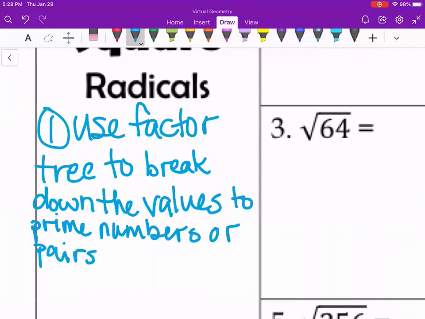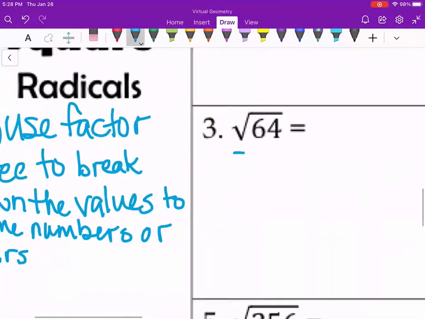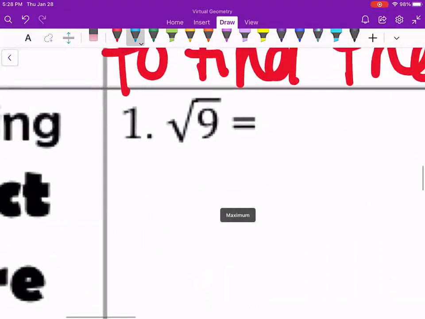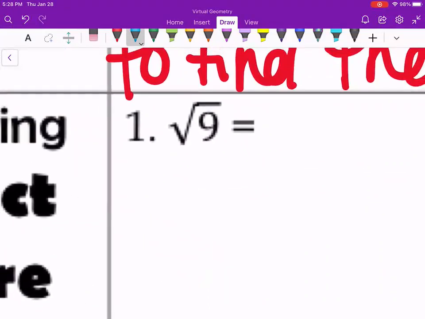So let's do that with our next example. Example 1. Right now I have the square root of 9. So I'm going to break that down into two factors. Again, factors are just two things you multiply. Two things that I know I can multiply together and get 9.